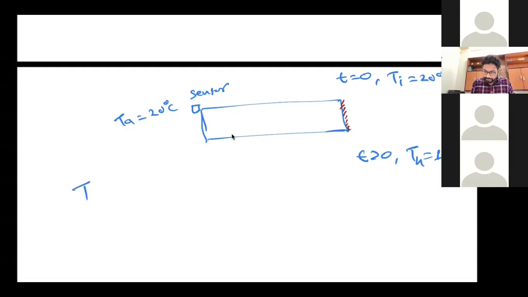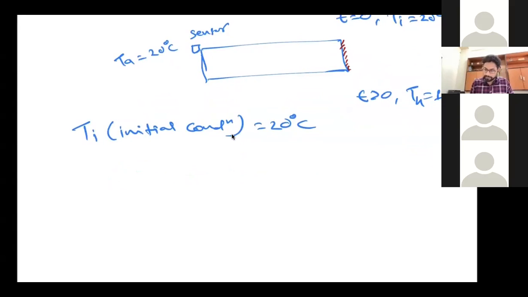So this gives us the initial condition: Ti is equal to 20 degrees Celsius everywhere. Then we have the boundary condition at x equal to 0. Let's say this is x equal to 0, and we assume that the wall thickness is 1 centimeter, so the other side of the wall is x equal to 1.